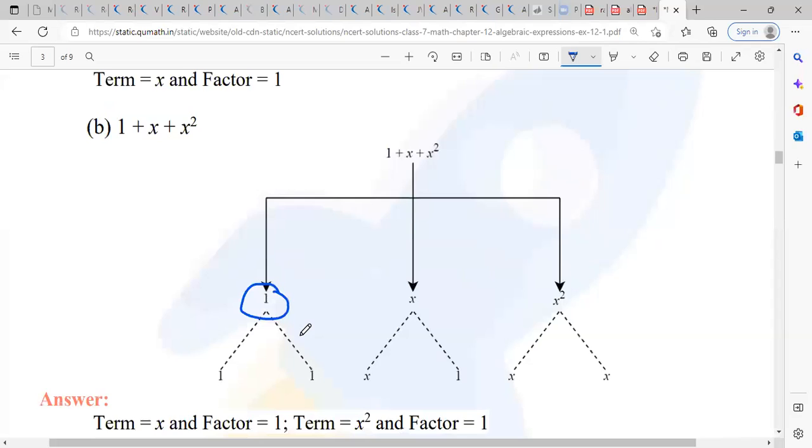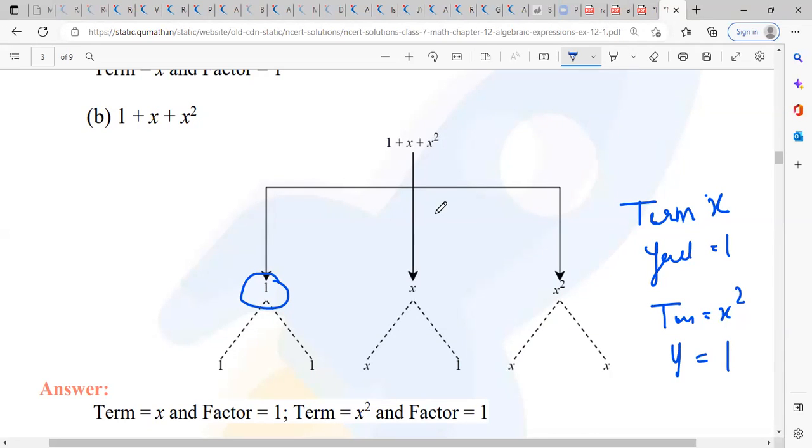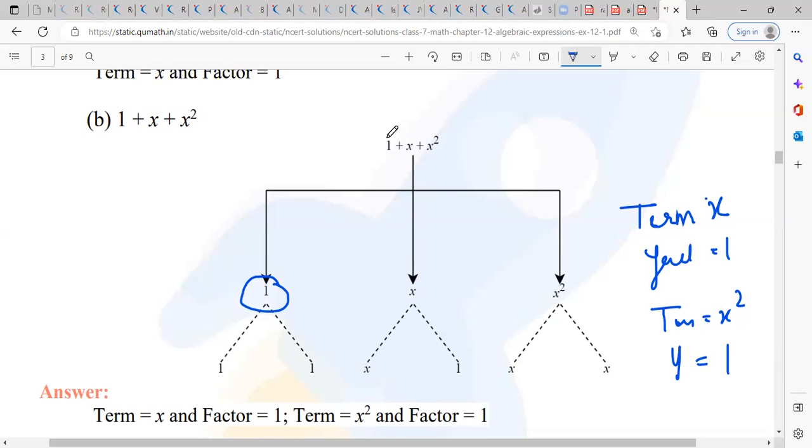And x square is x multiplied by x. Now here that factor is 1, right? And then coming to next, your term is x square and factor is 1. Clear? Yes, ma'am. Samiya, clear? Yes, ma'am. Okay, you can do this.